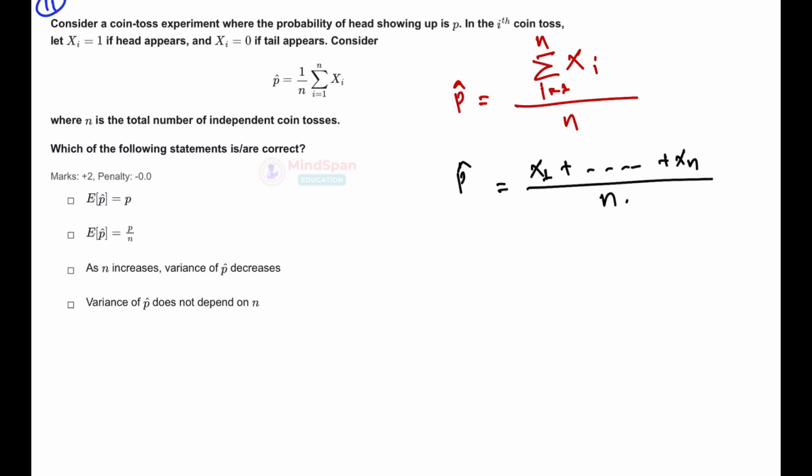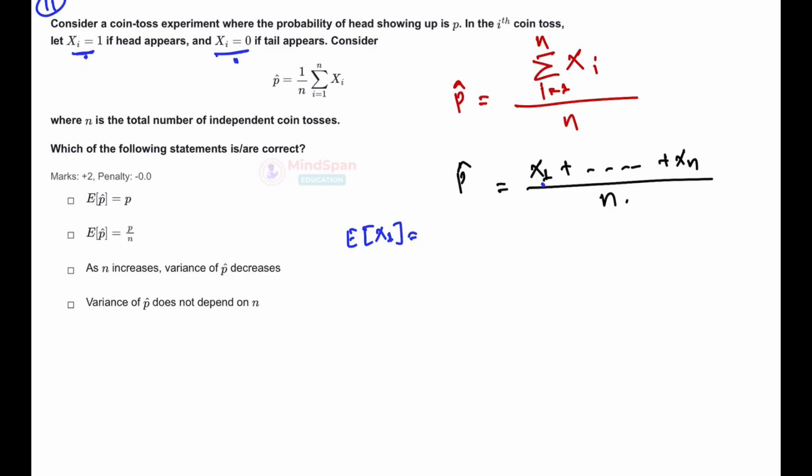And if you look at these random variables, because all these x1, x2, ..., xn are Bernoulli random variables, either it can take the value 1 or the value 0, right? So if we know about x1, we know about all of them, because all are Bernoulli. The expected value of x1 in the case of Bernoulli is nothing but the probability of success.